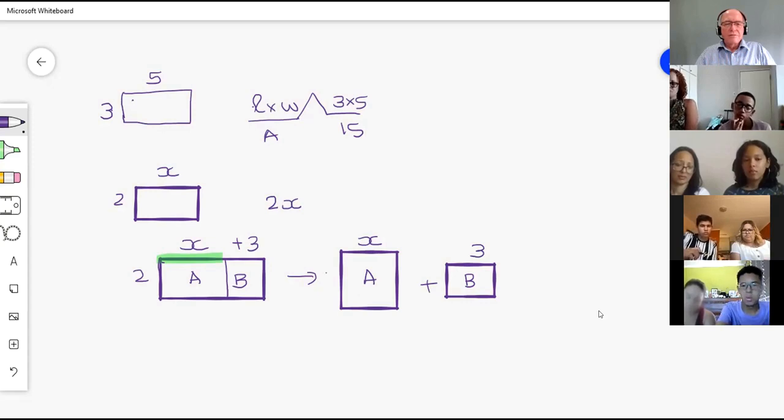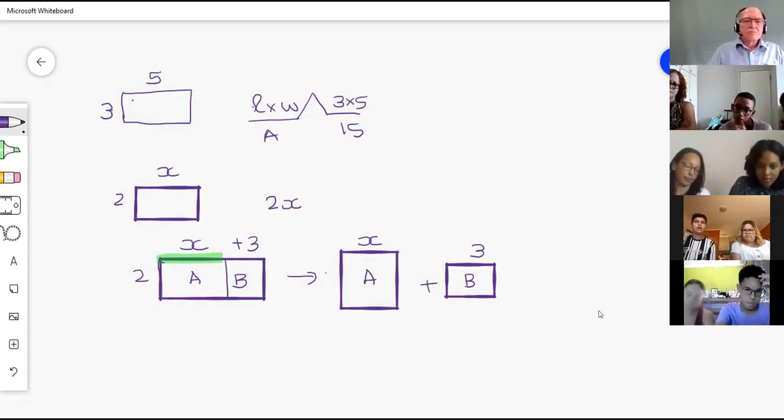Oh, sorry, X. We're talking about vertical. For me, width is vertical, length is horizontal. So block A, what is the width, the vertical one? Vertical is standing up. 2. And for block B?